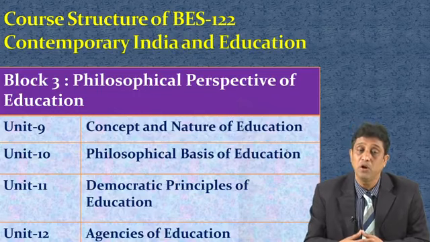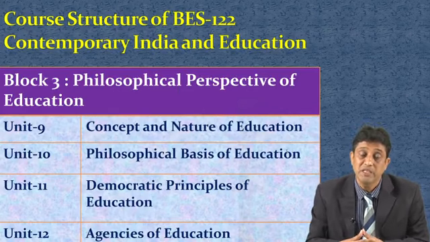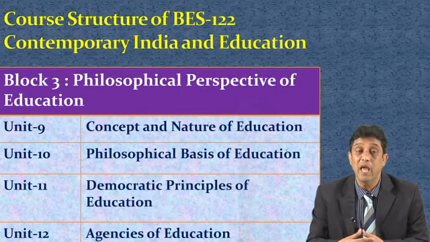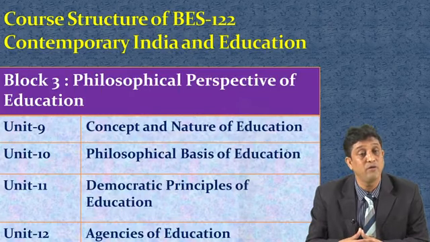That is also part of this unit, unit 11. Here the values of fraternity, equality, equity, democratic living, cooperation, sympathy, empathy, and different life skills are also part of this unit.